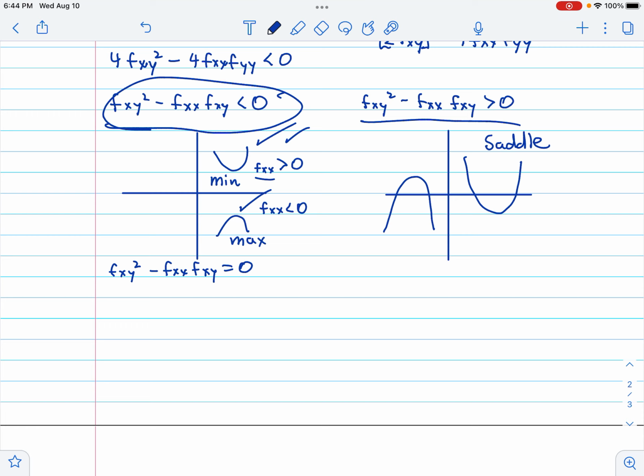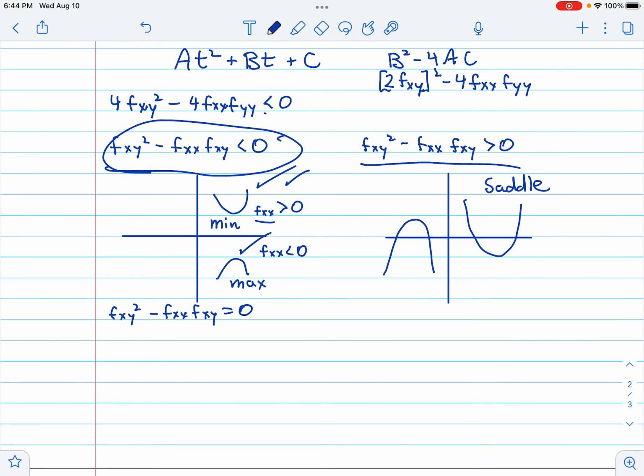It's indeterminate. We don't know. So we're looking for where it's less than 0 or where it's greater than 0. Now remember when we did the second derivative test in Cal 1 and we plugged in the critical number and got the second derivative 0, the test was inconclusive. Same situation here.